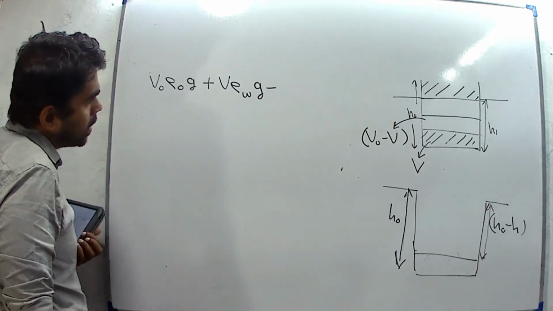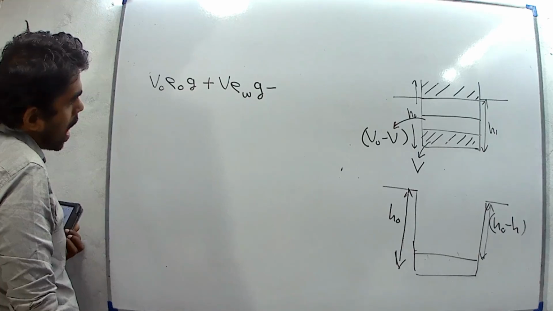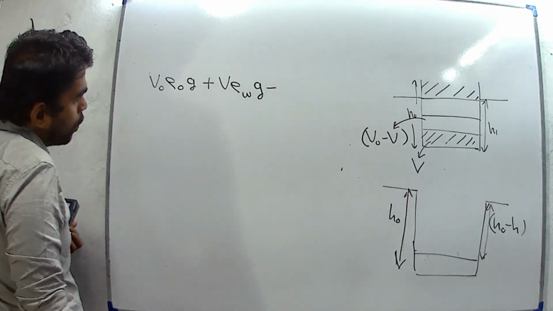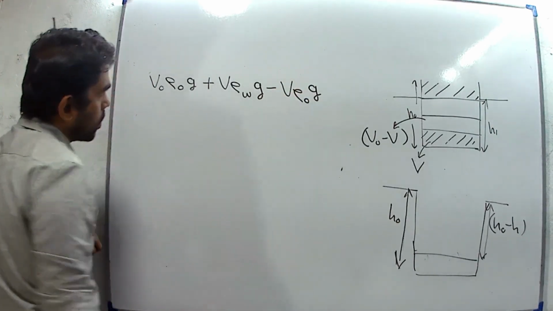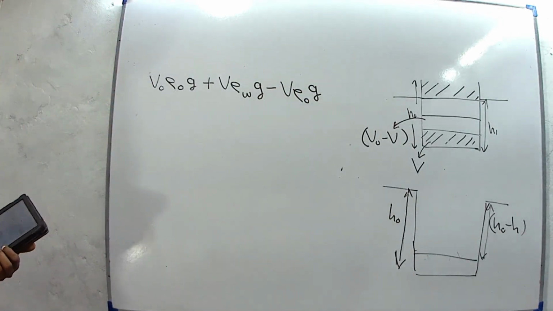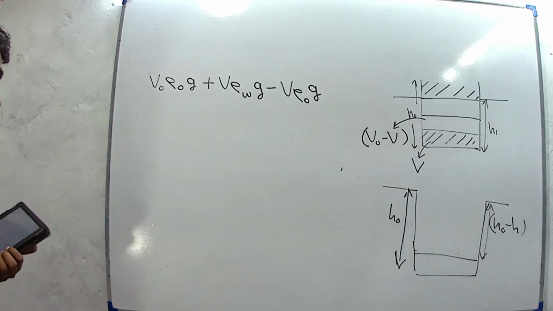Removed oil is V rho oil G. This is the change of weight.